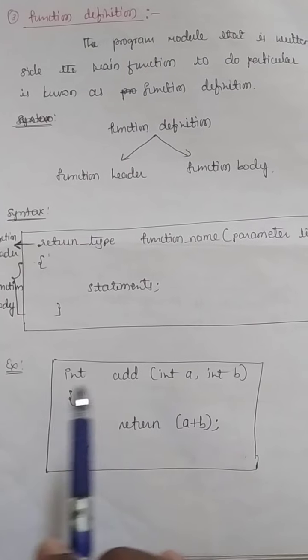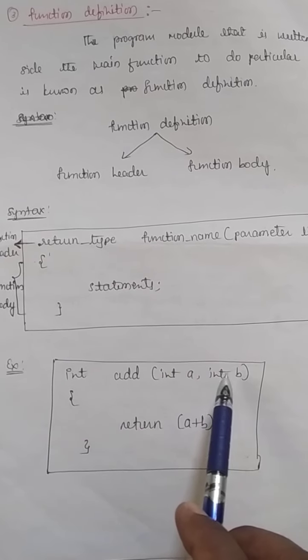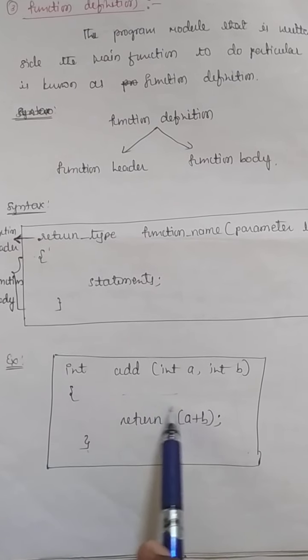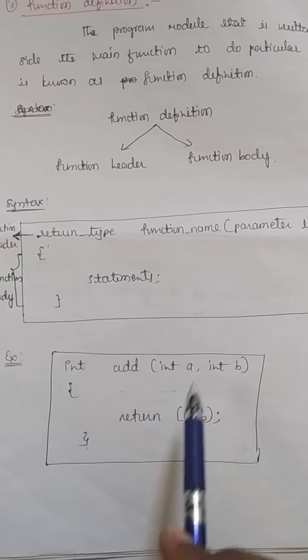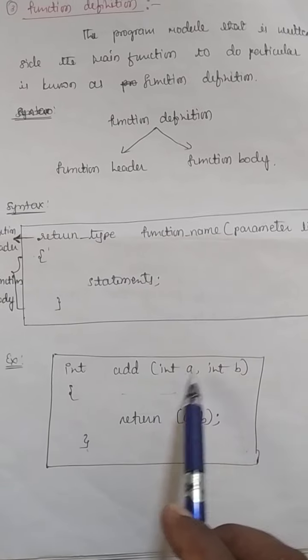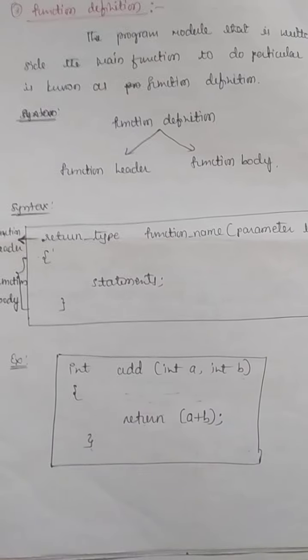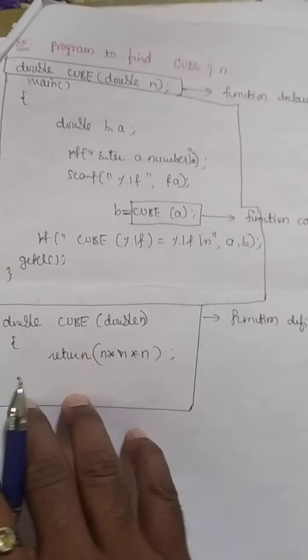For example, for the add function: int add, int a, int b, and within the flower braces you write the code for finding the addition of two numbers or three numbers. If we are taking two, we add two numbers here and return the result.